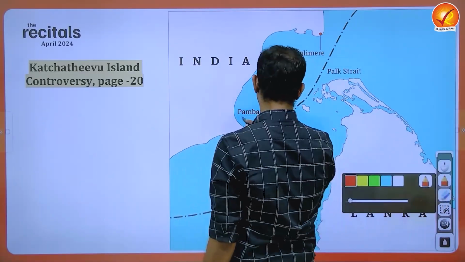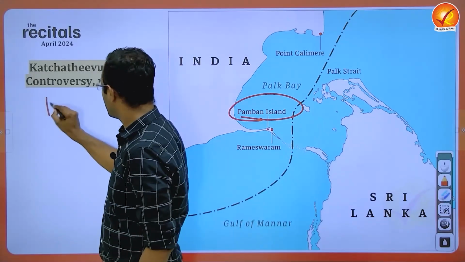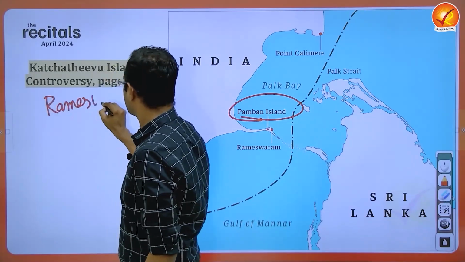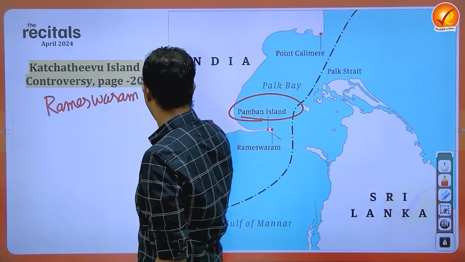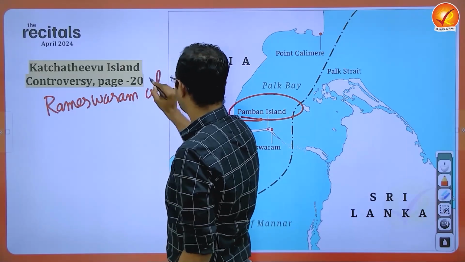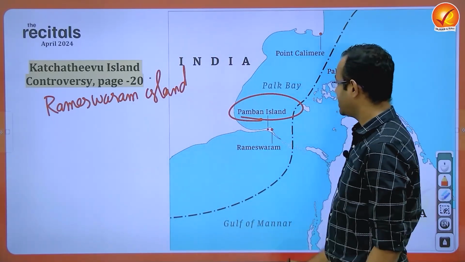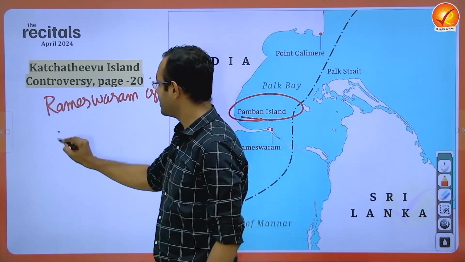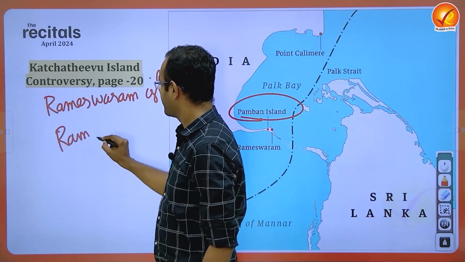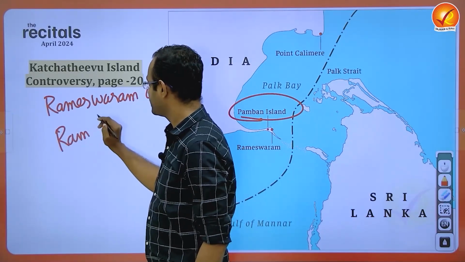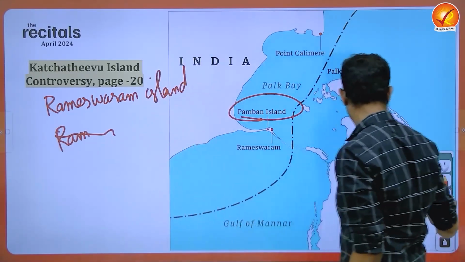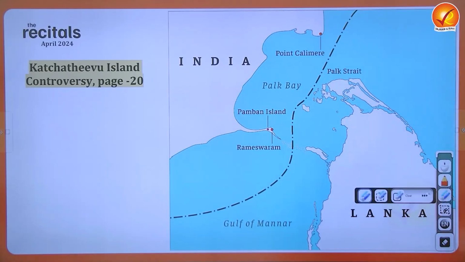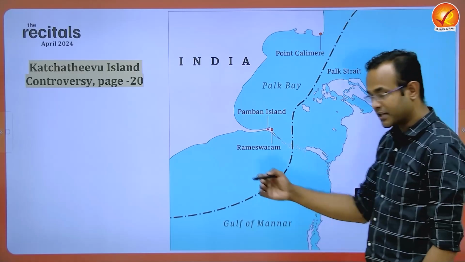Next one, Pamban Island, also called Rameshwaram Island, which connects Rameshwaram with the mainland. We have a bridge there, and with respect to it, we will speak about the bridge.